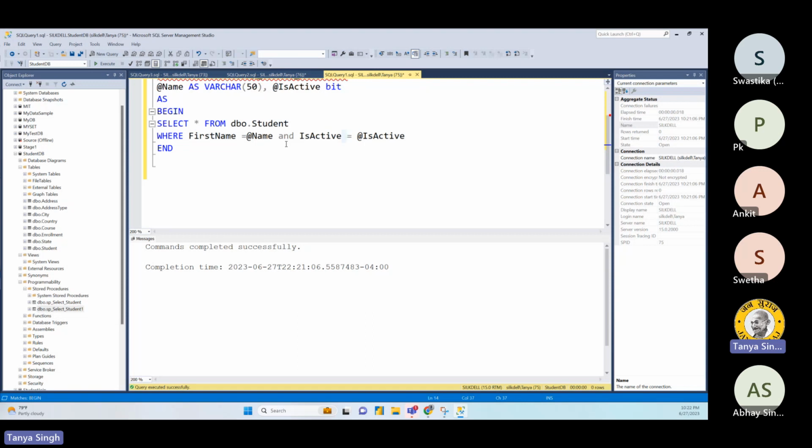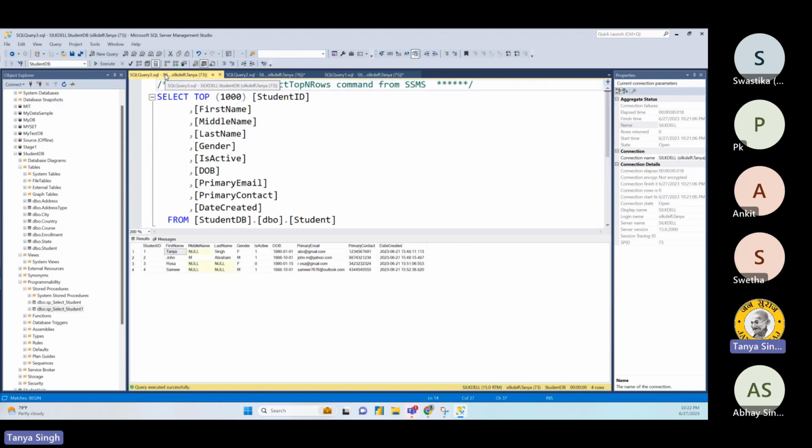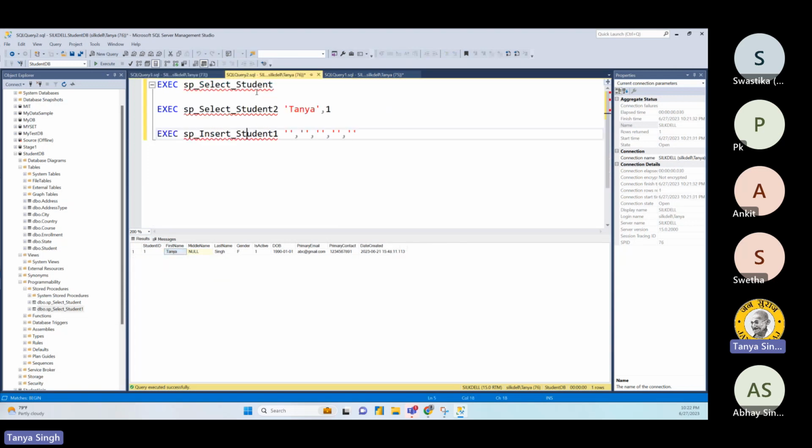Otherwise, every time you need to write the query. And the third is that the logic of the stored procedure is encapsulated, right? So we can build more complex logic. That's all, just the 3 to 4 points, whatever Madhukar said, and that's it. Yeah, that's what I know about the stored procedure.